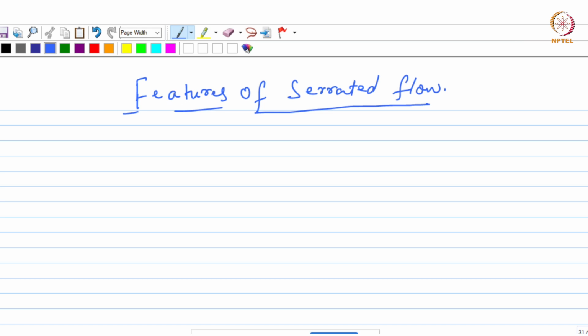First and foremost, as I have already told before, it occurs in a particular range of temperature and strain rate.